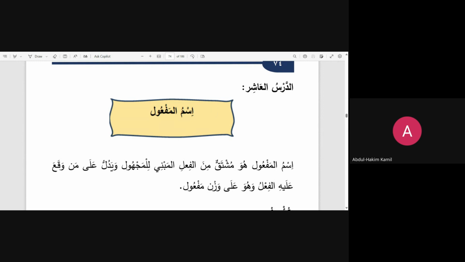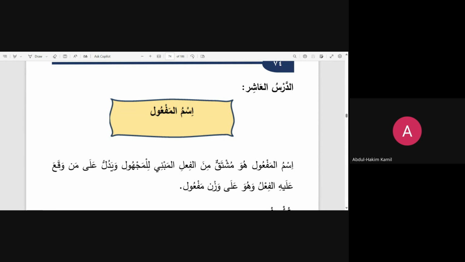قال حفظه الله تعالى اسم المفعول هو مشتق من الفعل. And mushtaq means that it's taken from. There are thamania mushtaqat. We took one, and that one that we took was what? Ism fa'il. The second one is ism maf'ul.